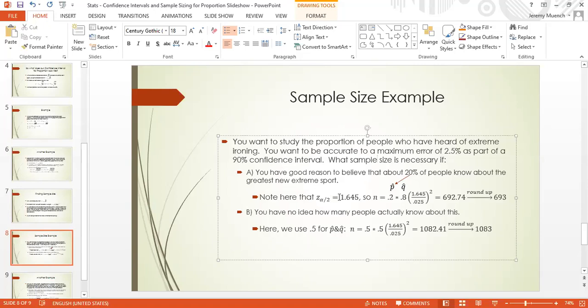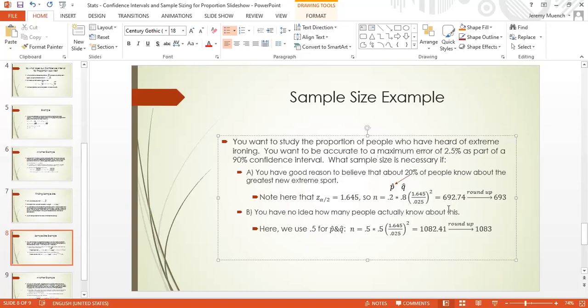So 90% confidence is a Z-score of about 1.645. We saw p hat and q hat are 0.2 and 0.8 respectively. And then finally, our error is 0.025. So we'll turn our percent into a decimal, so 0.025. So we end up with 0.2 times 0.8 times 1.645 over 0.025 squared, all squared.